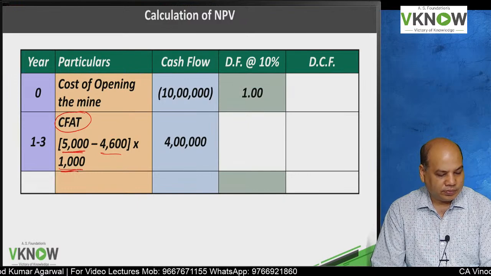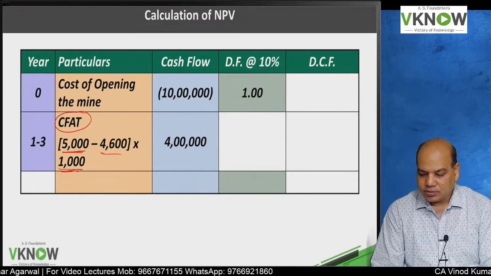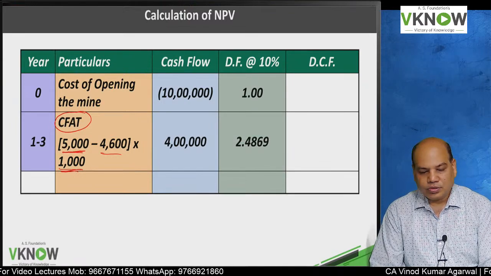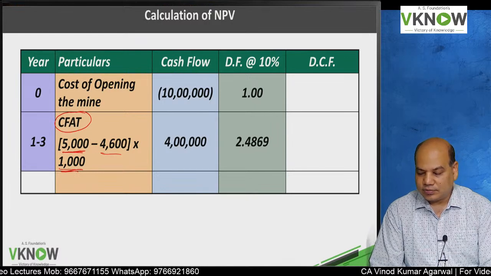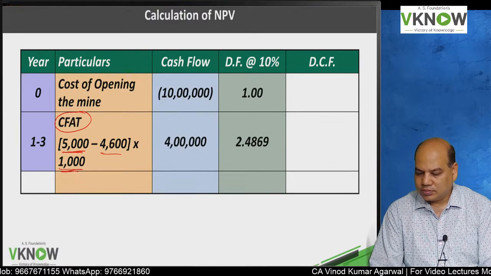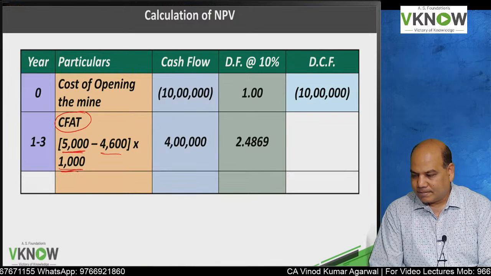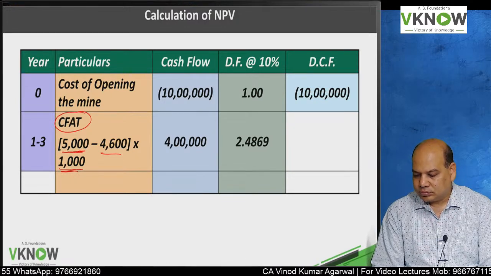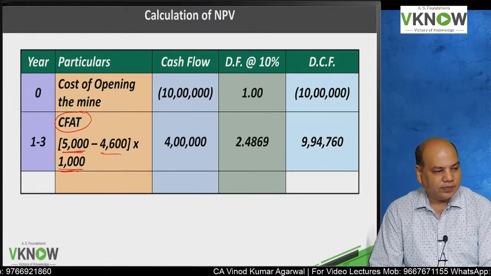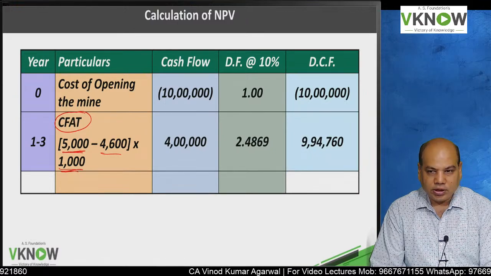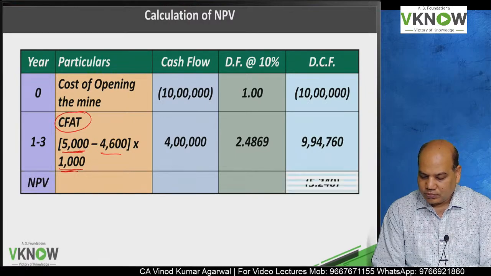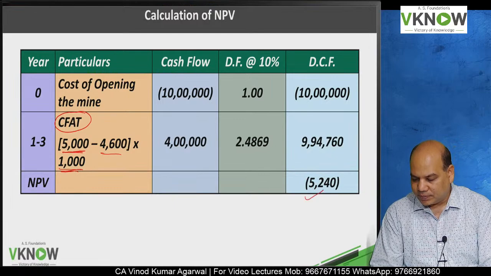Present value factor is 1 for year 0. For years 1 to 3, it is 2.4869. 4 lakh multiplied by 2.4869 is 994,760, and therefore the NPV is 5,240 negative.